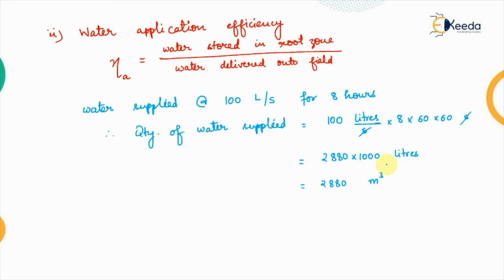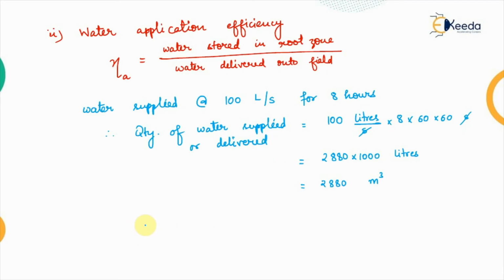That is the standard conversion from liters to cubic meter, that is 1 cubic meter is equal to 1000 liters. Now this was the amount of water which was supplied onto the field, or that can be written as delivered onto the field.